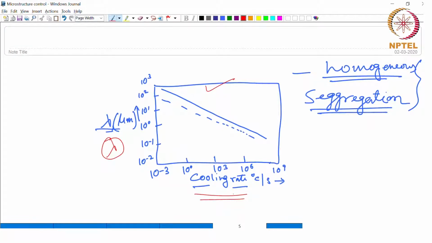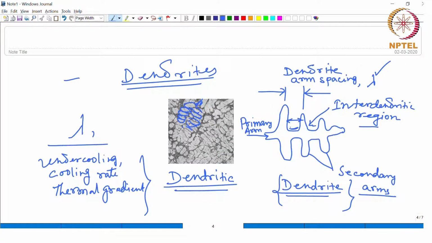So, one thing that we have seen is the formation of these dendrites or this dendritic microstructure. Okay. And we have also discussed the conditions which leads to formation of these dendrites.